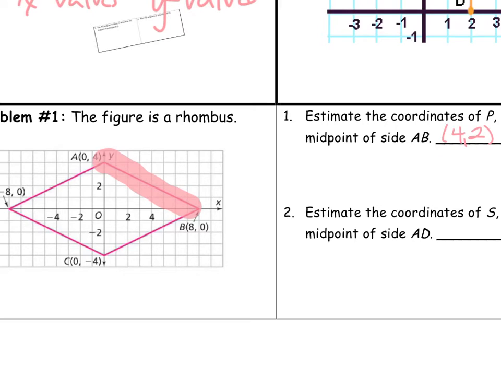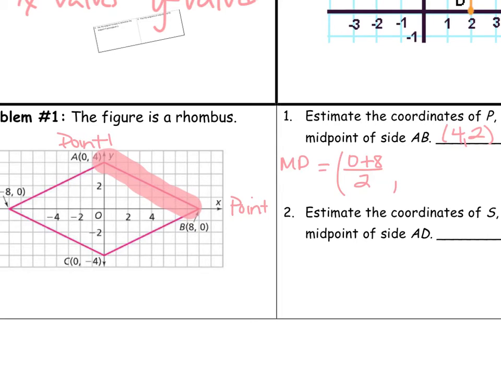To find the midpoint, we have to decide which we want as our first point. I'm going to call this point 1, and I'm going to call this point 2, just so we have our x1, y1, and x2, y2. So our midpoint is going to be our x1 plus our x2 divided by 2.